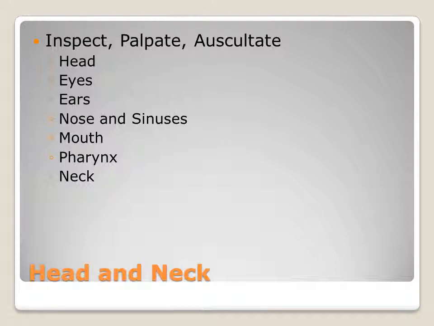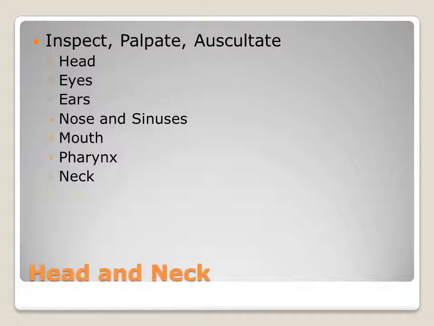With the nose and sinuses, discharge, obstructions, history of bleeding, snoring, and breathing difficulties. With the mouth, you're looking at the teeth, appetite changes, sores, tobacco use, lips, mucosa, gums, and the tongue.